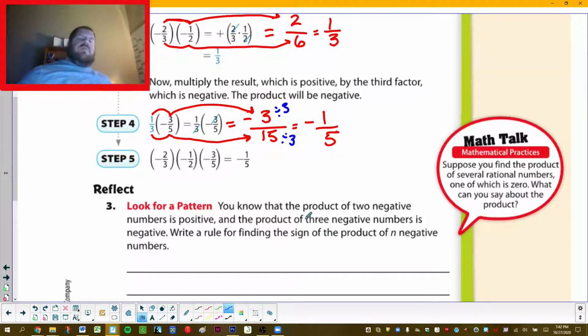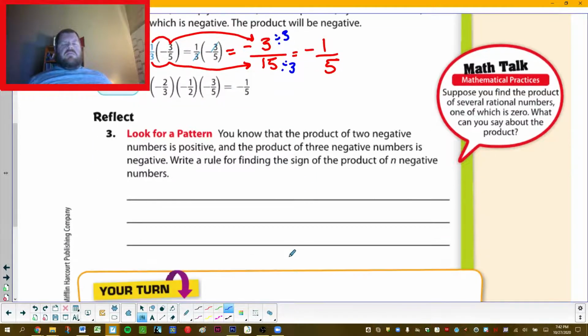So you know that the product of 2 negative numbers is positive, and the product of 3 negative numbers is negative. So they want us to write a rule for finding the sign of the product of n negative numbers. Okay, so write a rule. So it comes down to this. What is the difference really?